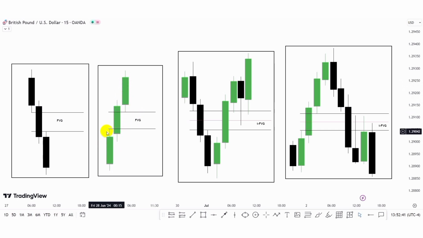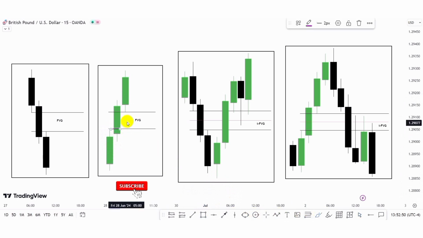So now you can see for the first candle, to determine the fair value gap, what you're going to do is to consider the wick high, and then for the third candle, you consider the wick low.